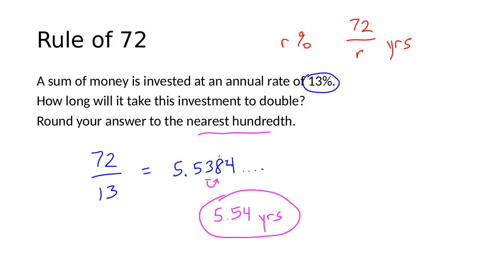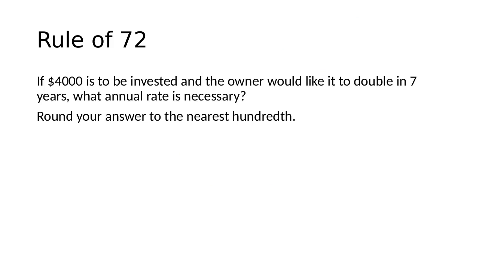The Rule of 72 can work the other way as well, and here's what I mean by that. If $4,000 is to be invested and the owner would like it to double in 7 years, what annual rate is necessary? In the last problem we looked at, we knew the interest rate and we wanted to find out how many years it would take to double. In this case, we know how long we want it to take to double.